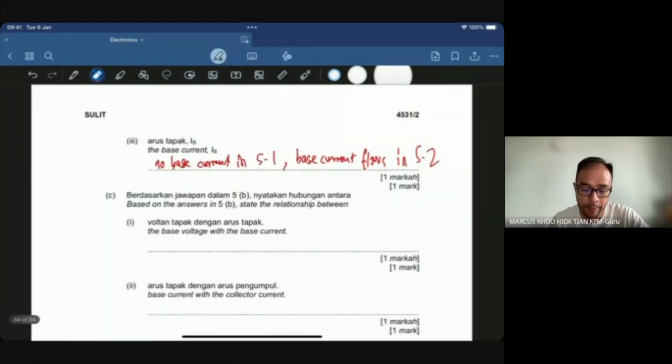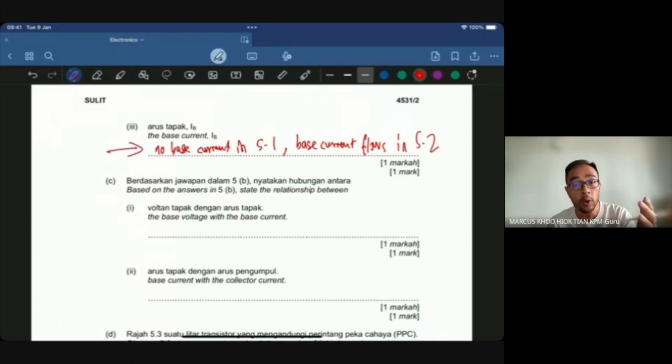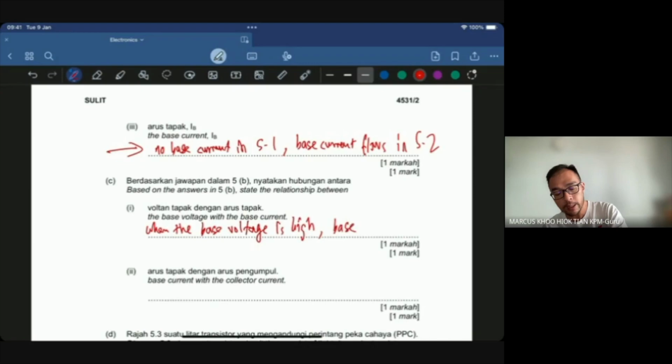So what is the relationship between the base voltage and the base current? Again, this is kind of a weird relationship because base current in this case is either flow or no flow. So you have to write, when the base voltage is high, remember our transistor flow chart: base voltage high, base current flows.